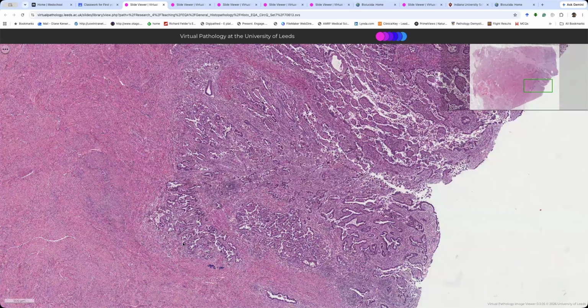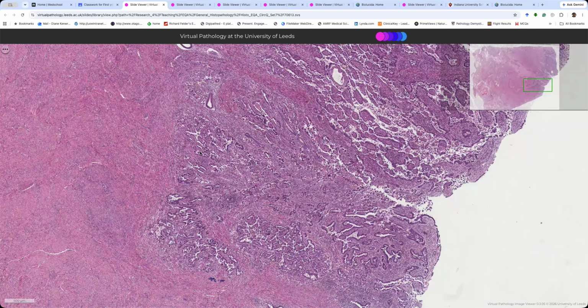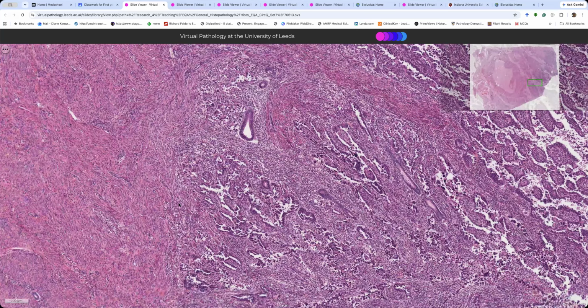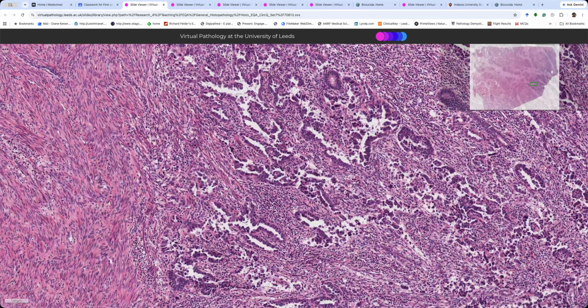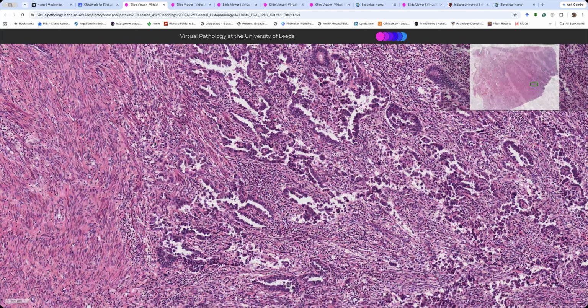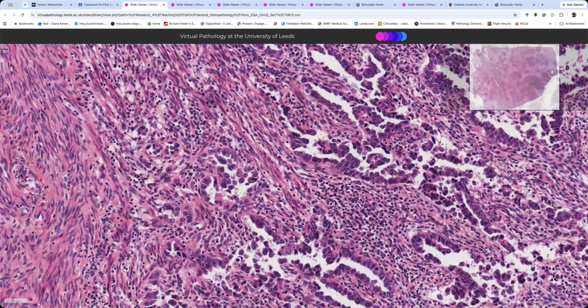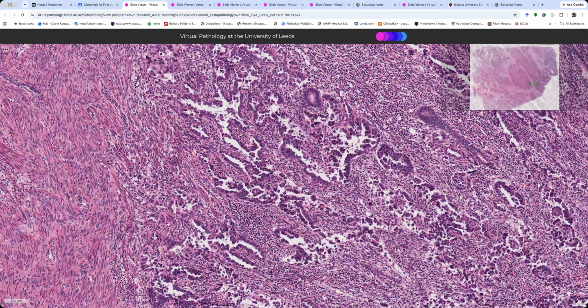This bit's more likely to be invasive because it's kind of spreading out. So I look around. Aha, I go. Here we have some glands that are not in normal endometrium and have smooth muscle surrounding them. So here's a trick. Just keep looking, all right, for the invasion. You will find it eventually.